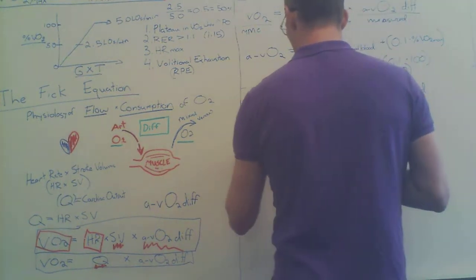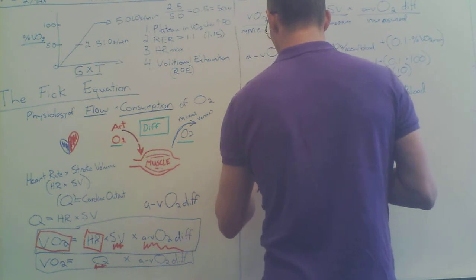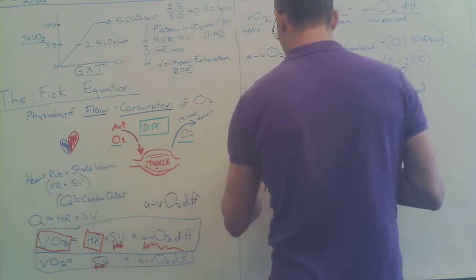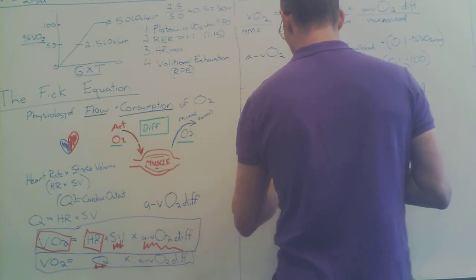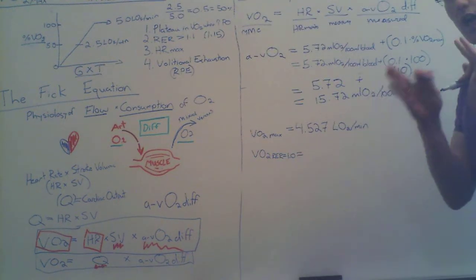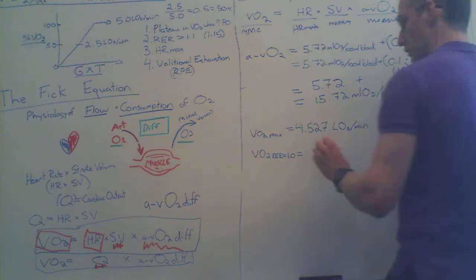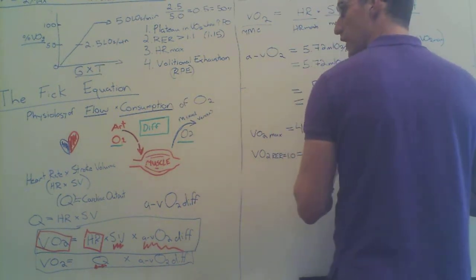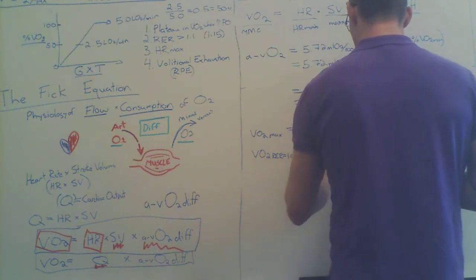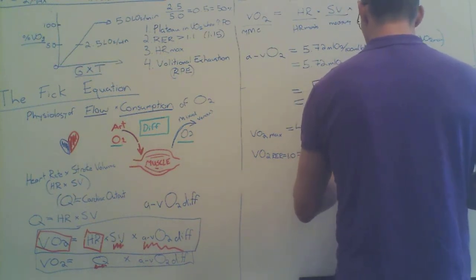And we know that at a VO2 when our RER was equal to 1.0, so thereabouts the anaerobic threshold, our oxygen consumption was only 3.305 liters of oxygen per minute.